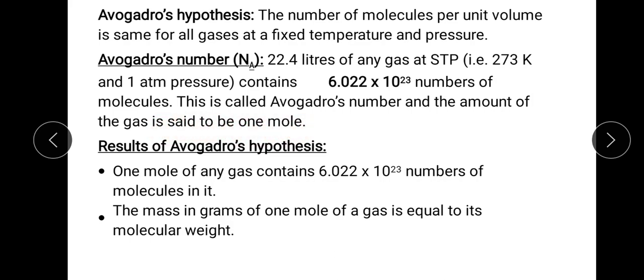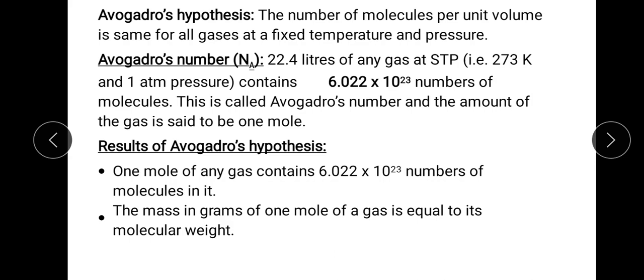So the Avogadro hypothesis says that at a given temperature and pressure, the number of molecules present per unit volume of all gases is the same. If you take any gas at a given temperature and pressure, those gases possess the same number of molecules per unit volume, and that number is called the Avogadro number.